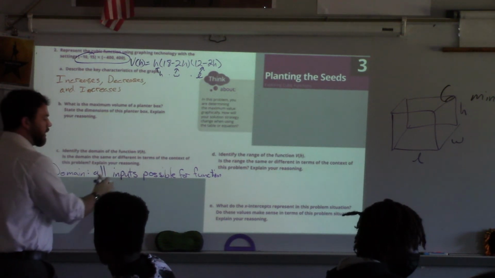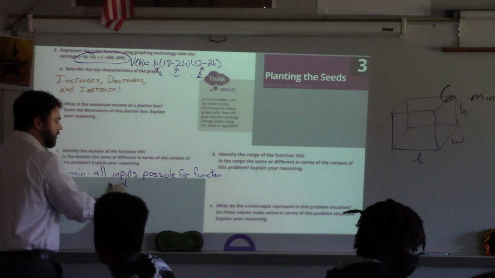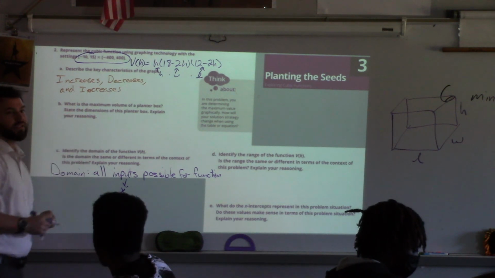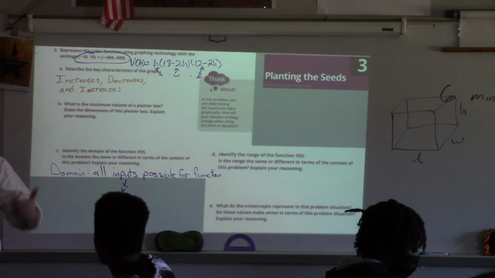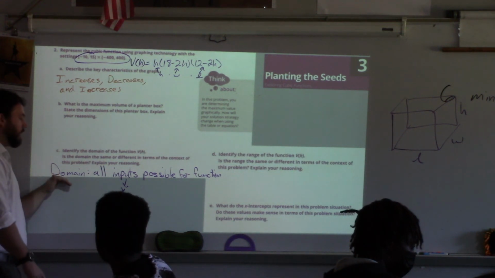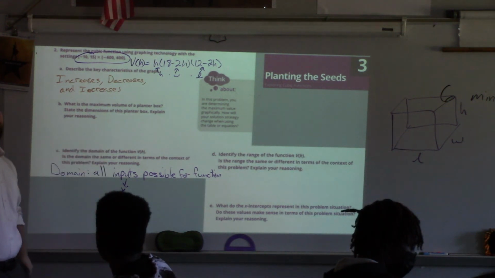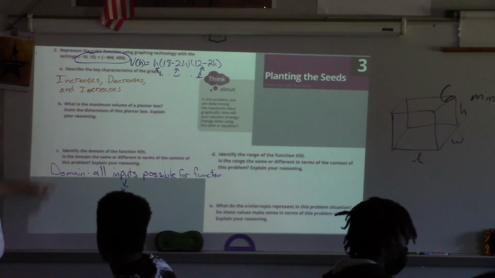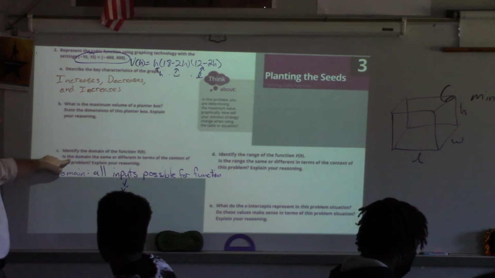The x, right? I say inputs intentionally because when we originally wrote this function, the input was not x, it was h, right? So when graphing, the input has to be an x. But when we're talking about domain, we're talking about all inputs possible for the function. And that's an important distinction that we're talking about here in a second.